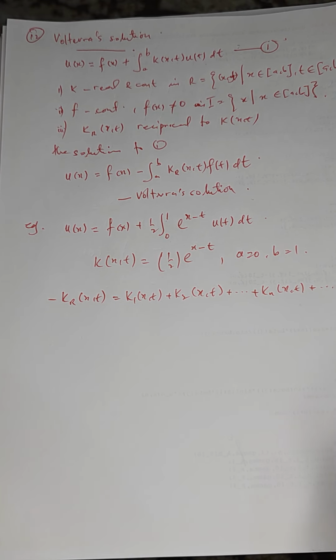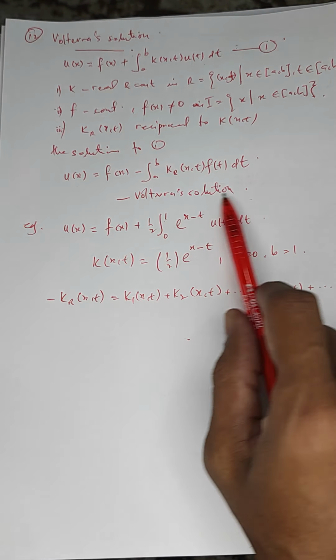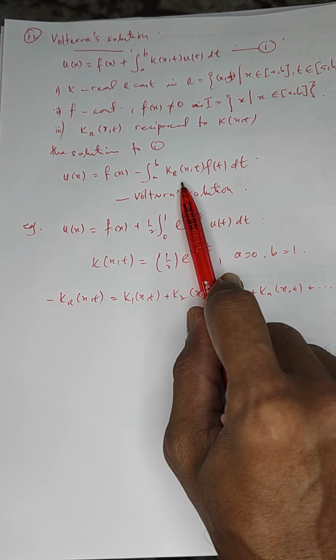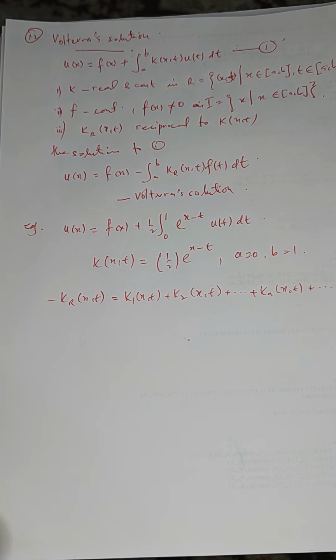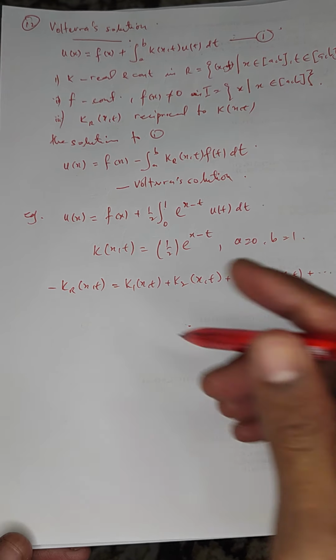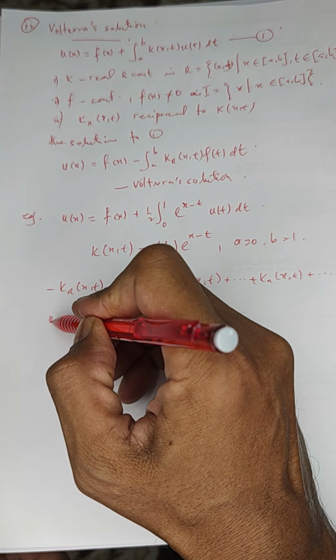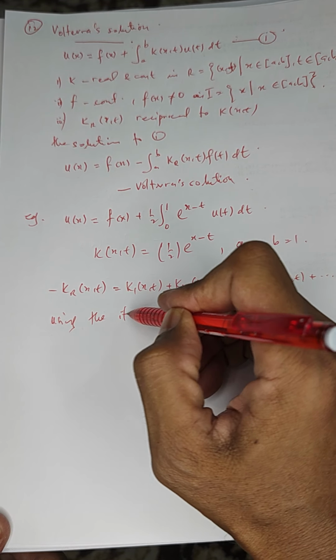Now the solution for this type of equation is given as a Volterra solution, so we need to find what k_r is. How to find k_r? We start with using the iterated kernel.